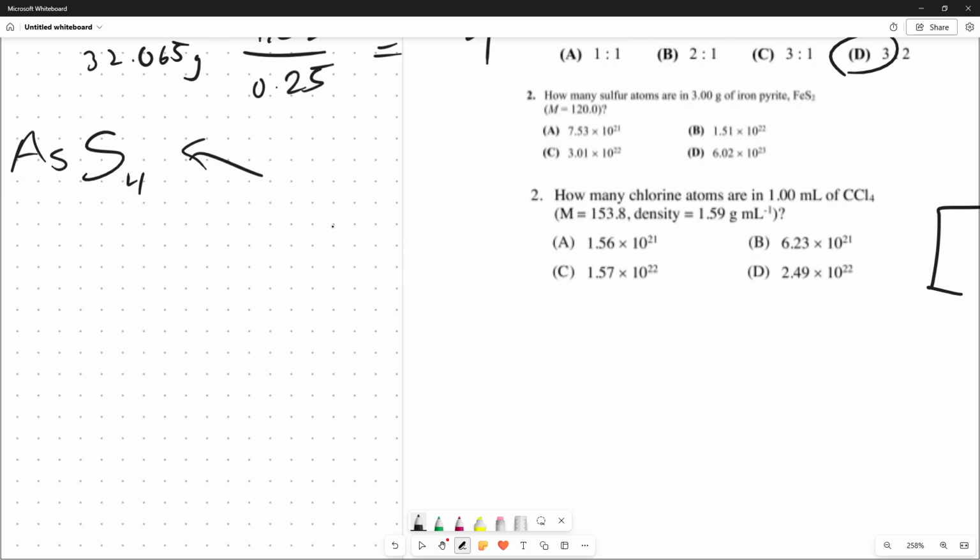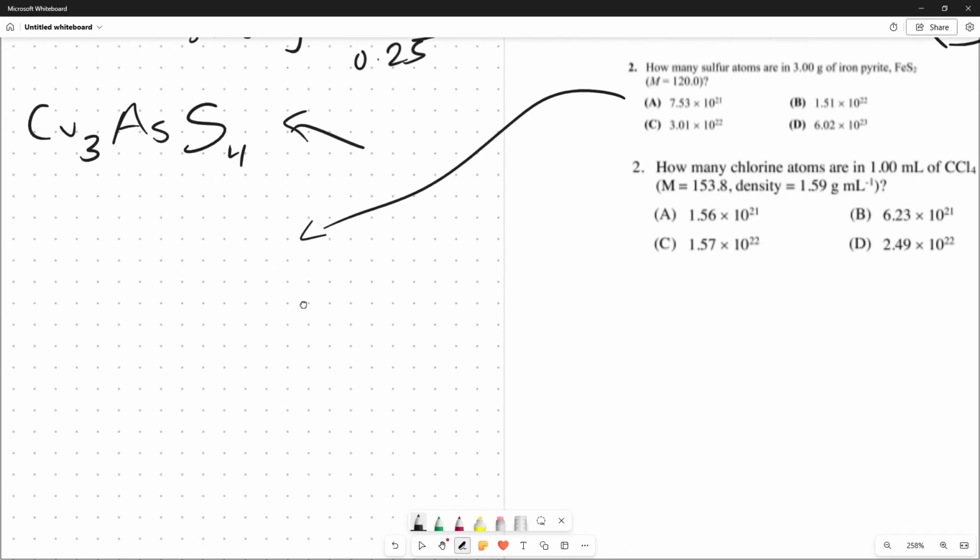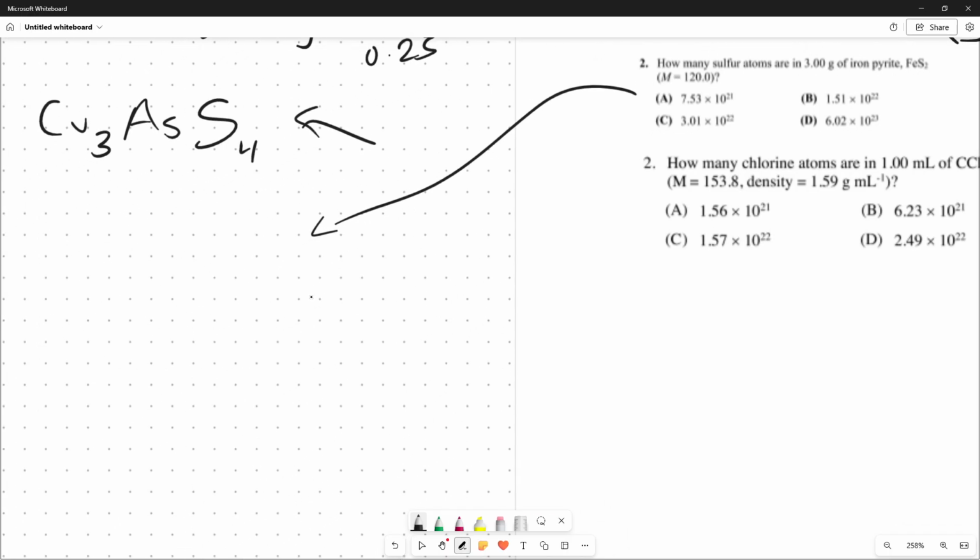How many sulfur atoms are in 3 grams of iron pyrite, FeS2, with a molar mass of 120? This is a very easy question, but I'm going to do it over here. We have 3 grams of iron pyrite, which is FeS2.